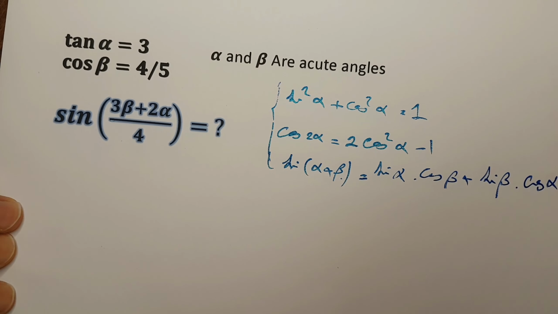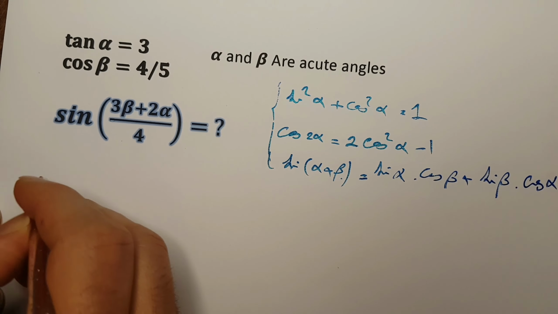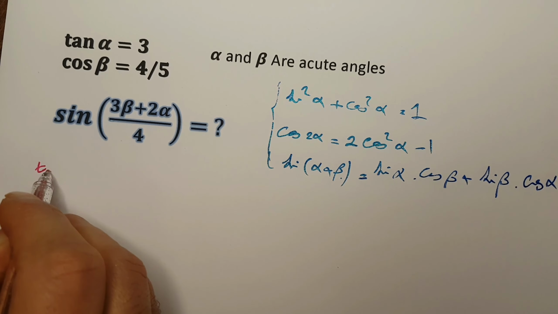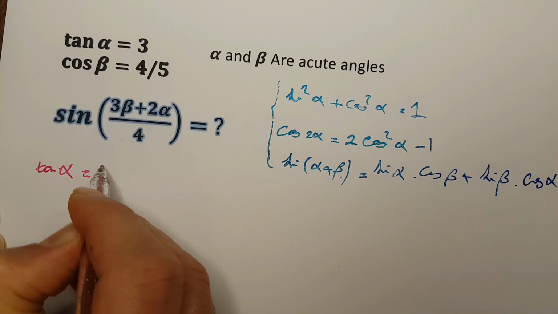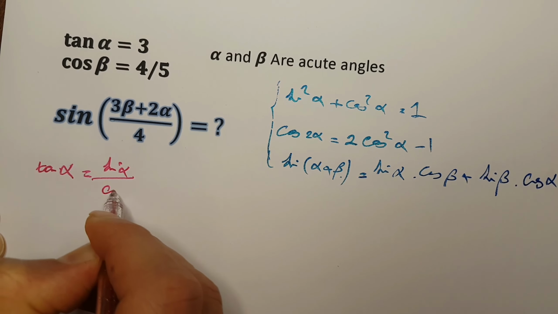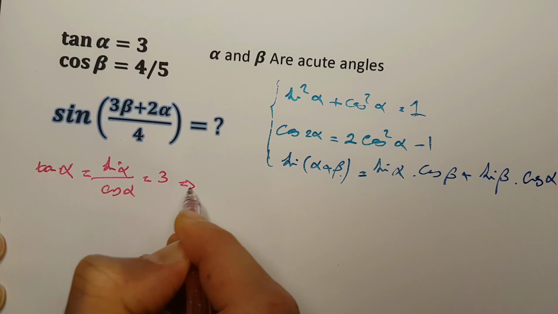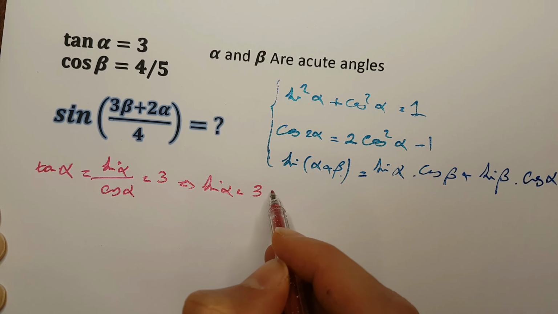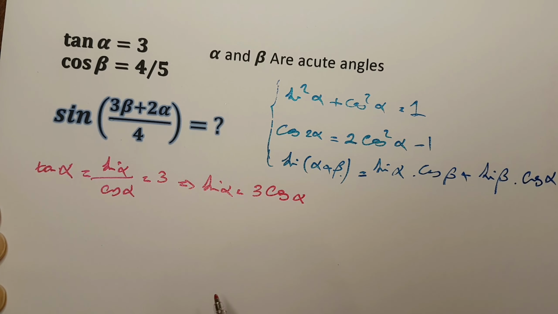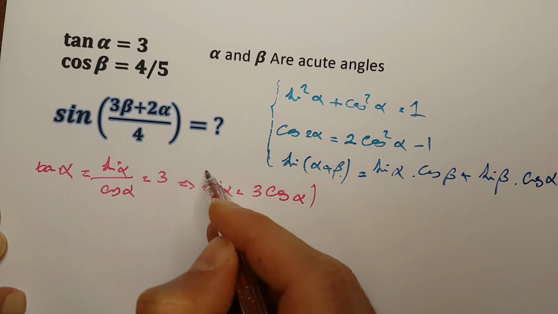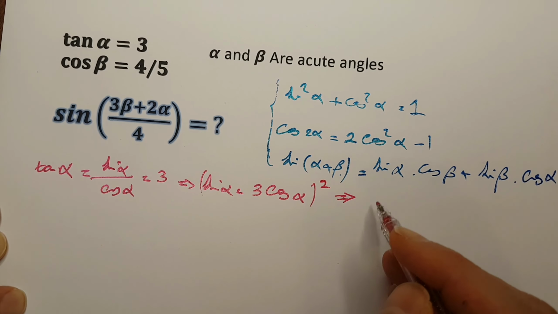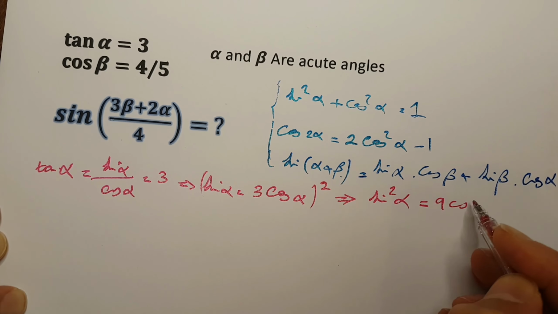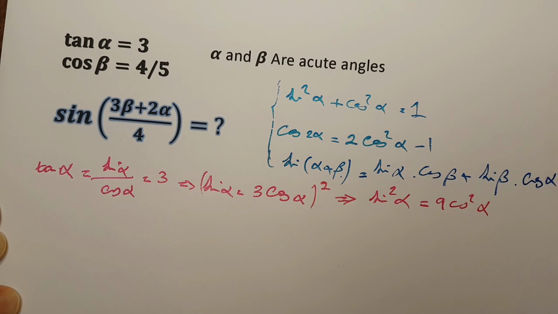So tangent of alpha is given by 3. From there we can say that tangent of alpha is sine of alpha over cosine of alpha, which is 3. Then sine of alpha is 3 times cosine of alpha. Let's take both sides to the power of 2. Then sine squared of alpha is going to be 9 cosine squared of alpha.